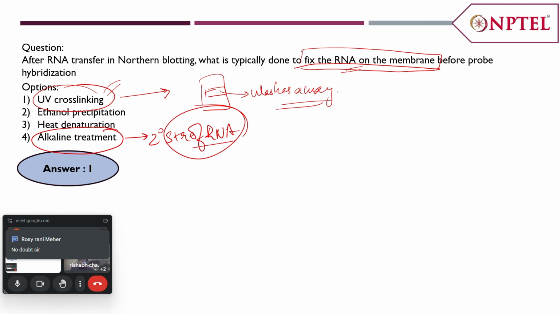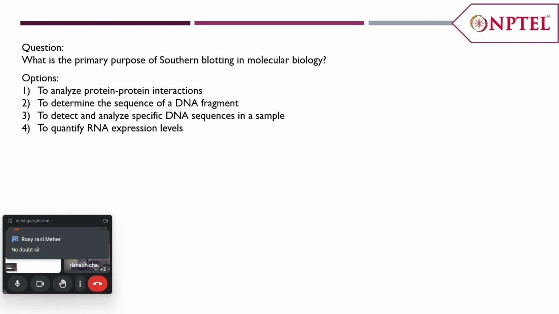Okay, if not, then we'll move on to the next question. What is the primary purpose of southern blotting in molecular biology? I think both the second and third options are correct, because in general southern blotting is to determine the DNA fragment.